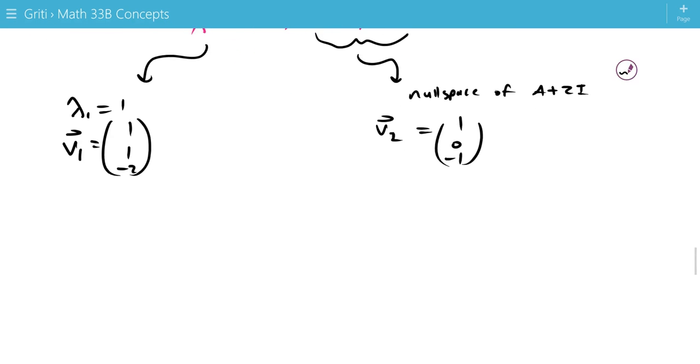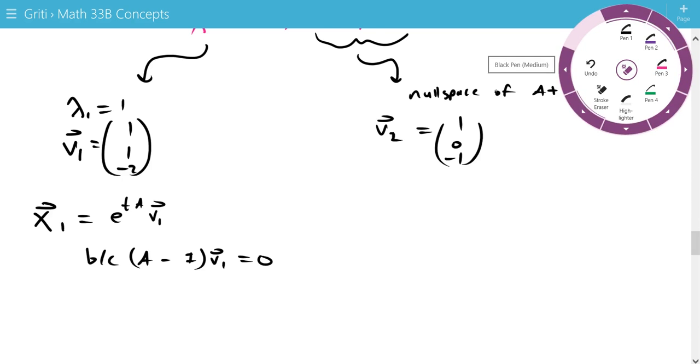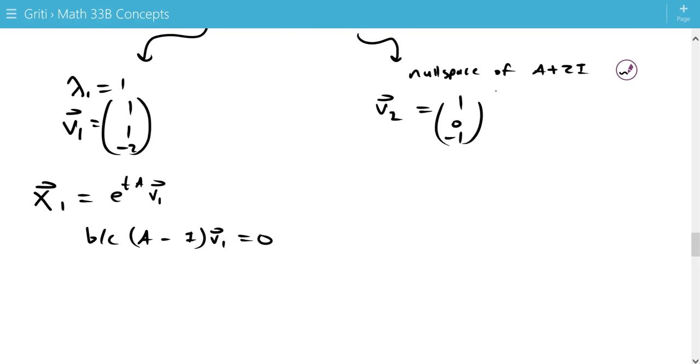So going back to this, if we used our matrix exponential to find the solution here, this would just be x1 equals e to the tA times v1. But because (A minus lambda I) times v1 equals 0, or in this case A minus I, because lambda is 1, since that's equal to 0, this truncates down to e to the t times 1, 1, negative 2.